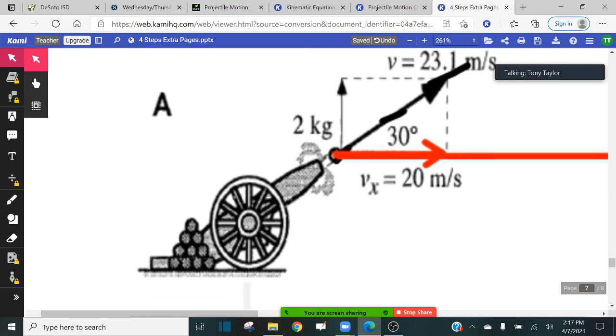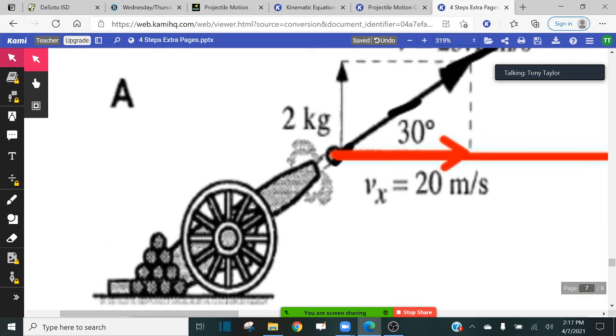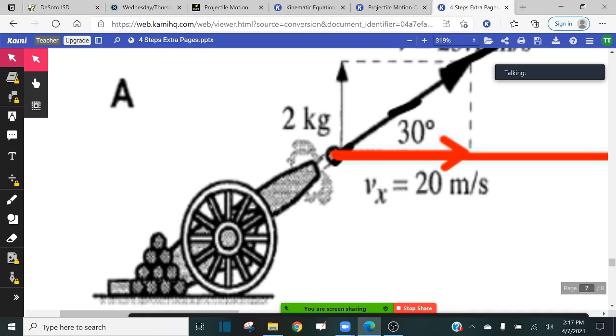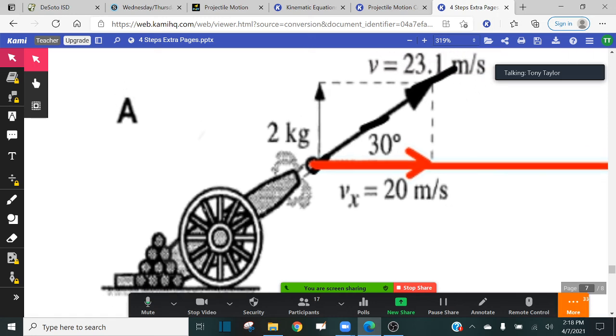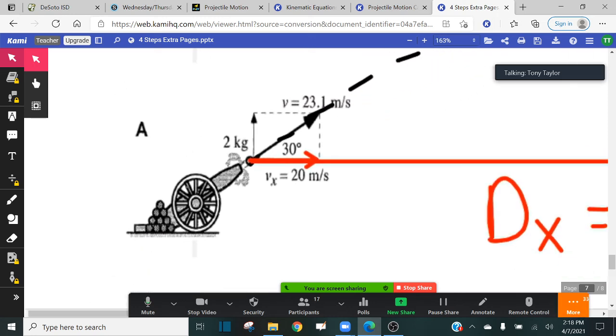What is the initial velocity of the object in the x direction? The moment that cannonball was fired, how fast was it going in the x direction? Just by looking at the picture, they actually tell us. Yes, Angelina, it was moving at 20 meters per second. So that's how fast it was moving in the x direction. Yes, Stephanie, 20 meters per second.